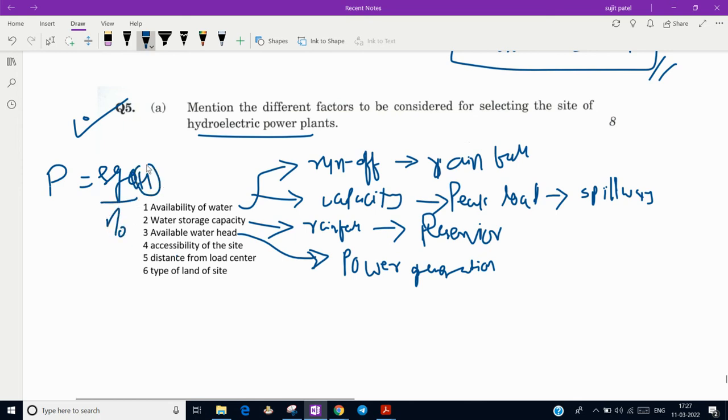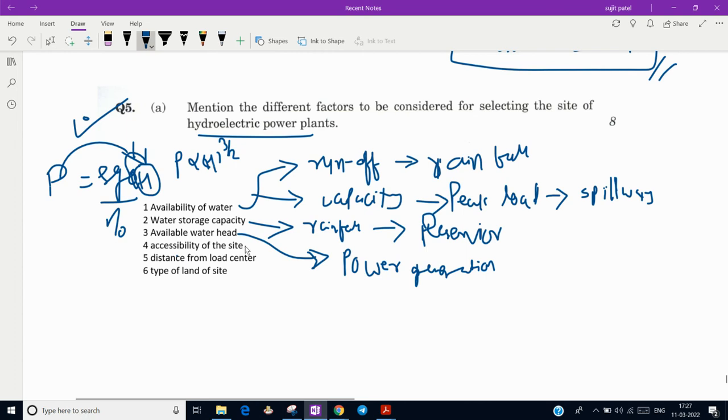So power is directly proportional to the head of water. And if we convert Q in terms of H also, then ultimately it becomes H to the power 3/2. So power is proportional to the 1.5 power of head. That's why availability of water head is needed initially.